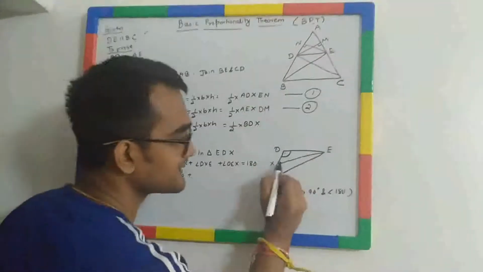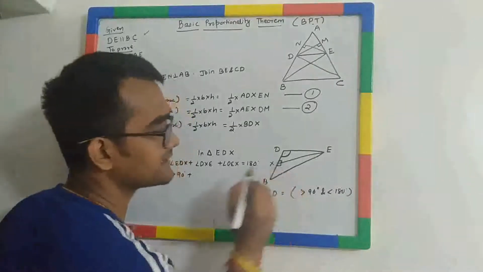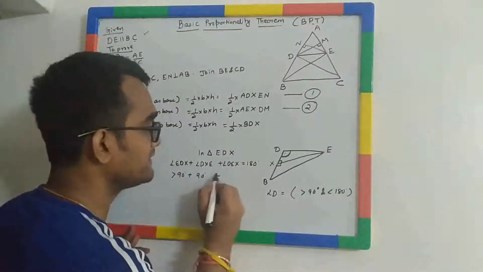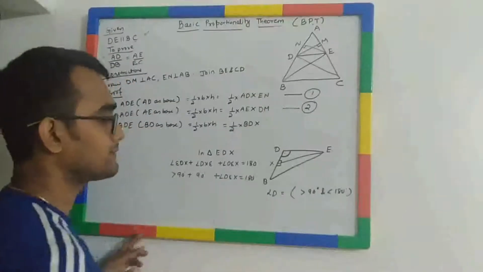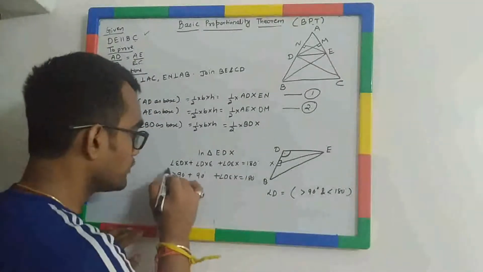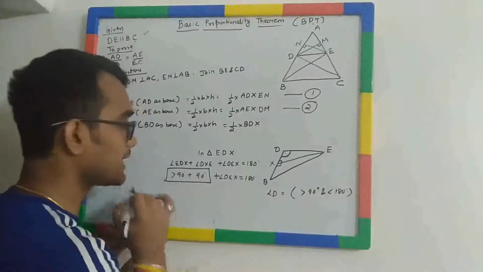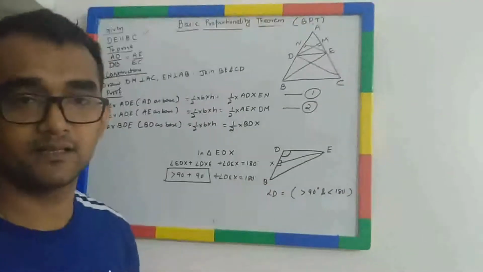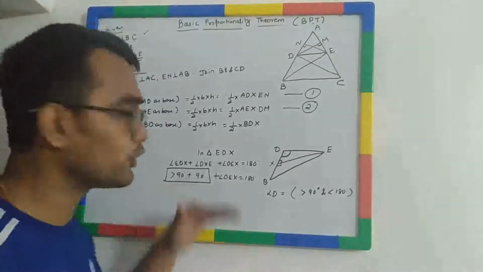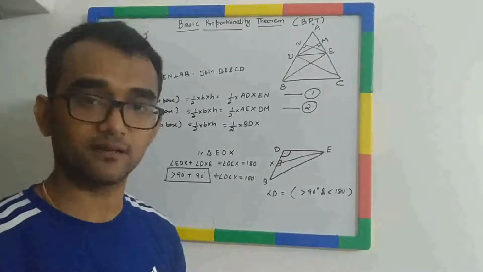Angle DXE is 90 degrees. And we don't know the measure of angle DEX. But friends, only these two angles combine to give a sum of more than 180. So this is not following the angle sum property of the triangle.